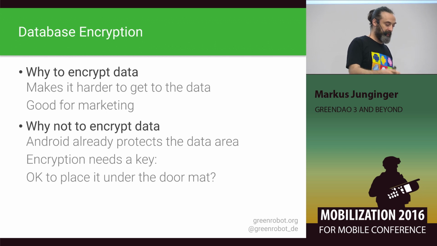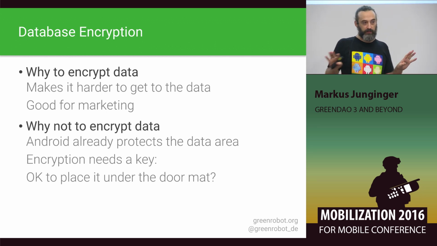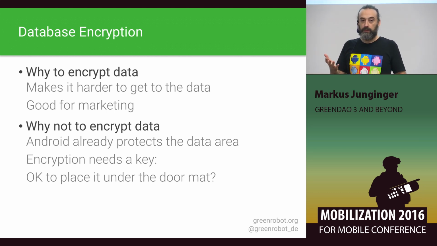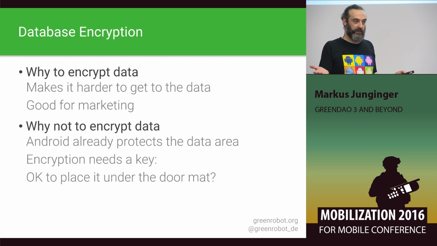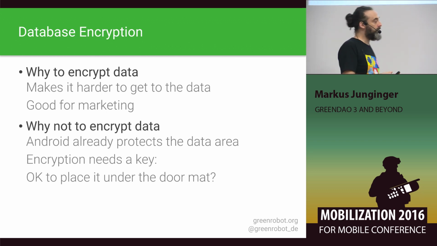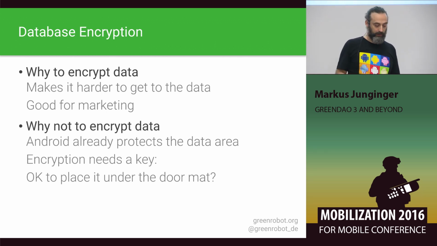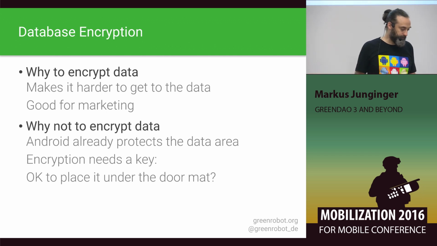So if somebody can break into that, something is pretty wrong already, right? And also, for encrypting, you need some key. Where do you put the key? If you put it in the code, an attacker can easily get it, right? So this is like placing the key under the doormat, and that's the first place where the attacker looks.